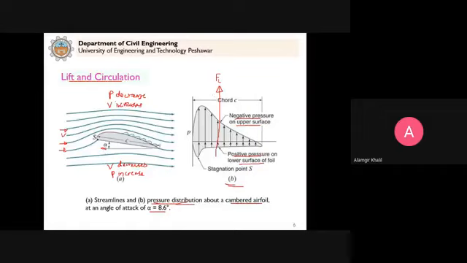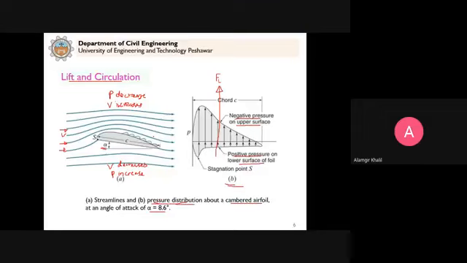Since it is normal or perpendicular to the relative motion of the fluid and the body, we call it the lift force. Clear? But this is not always the case. Remember, we already discussed the effect of shape on forces acting on bodies immersed in fluids.